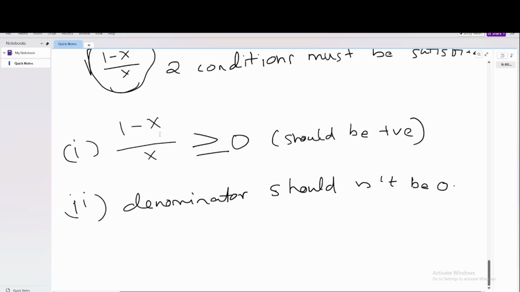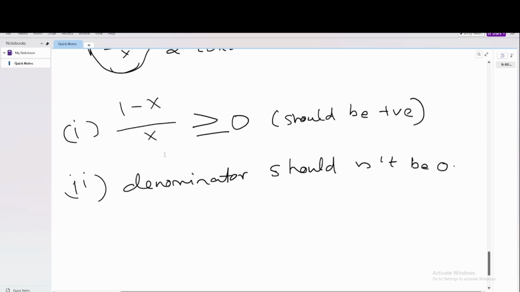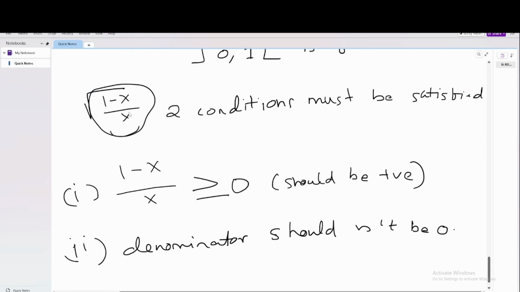By these two conditions, both the numerator and denominator must be of the same sign, that is, both must be positive or both negative.